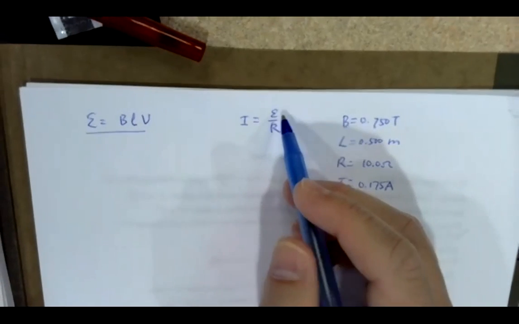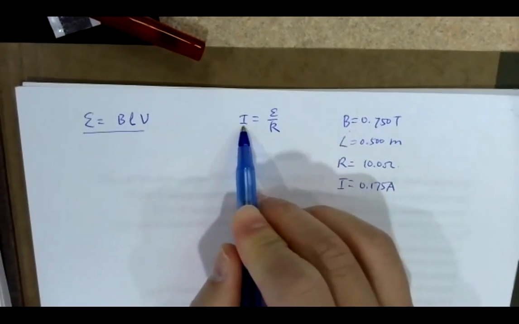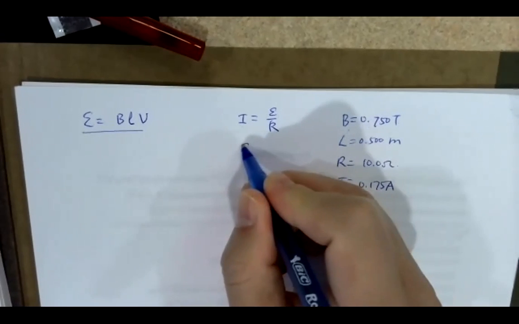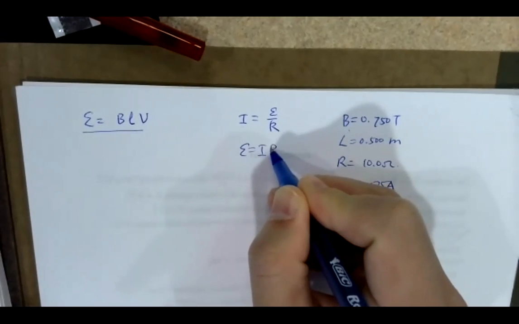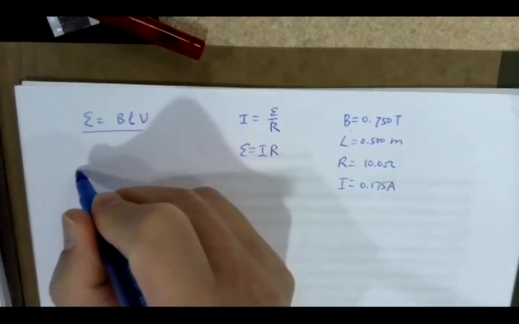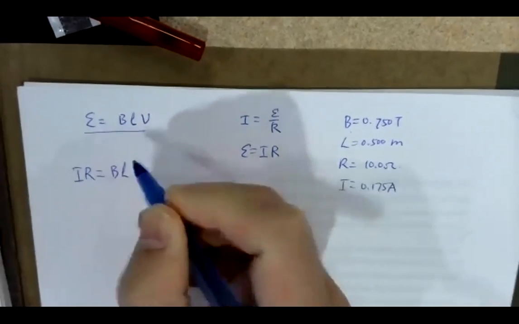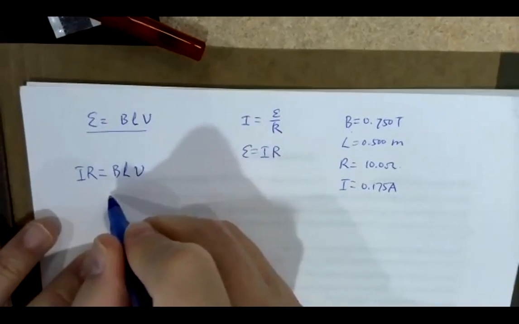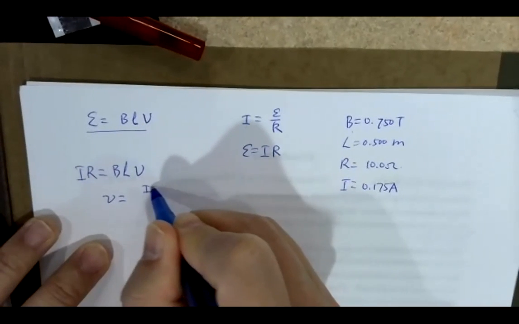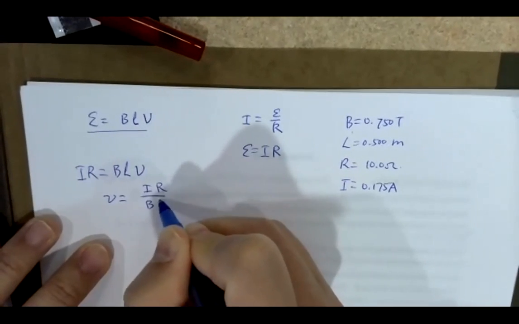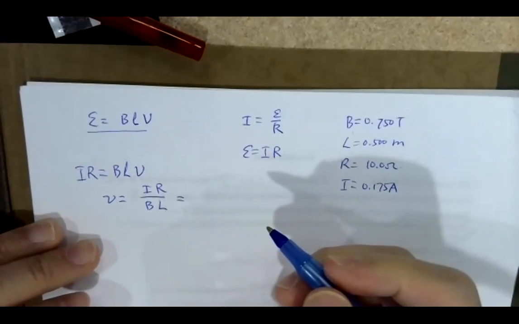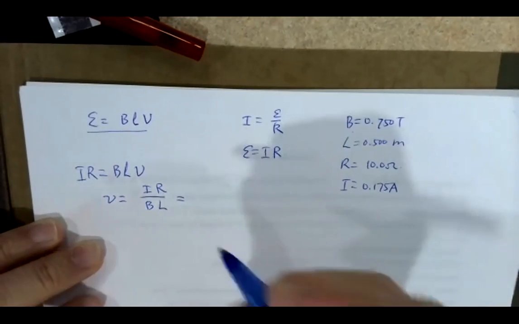So in that case, it tells you I, it tells you R, so epsilon can be calculated, right? Epsilon will be equal to I times R, then I times R is equal to B L times V, so then you can isolate V, so that would be I times R over B times L, okay? So you have those four quantities given.